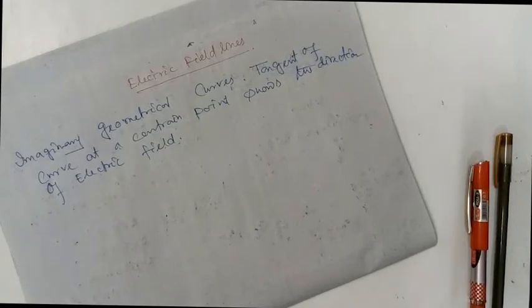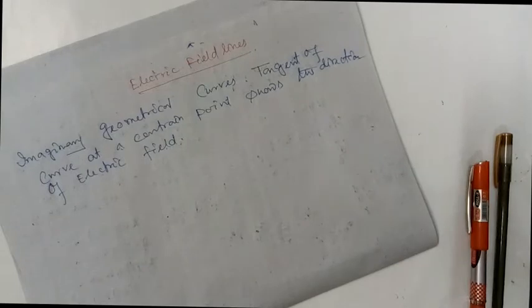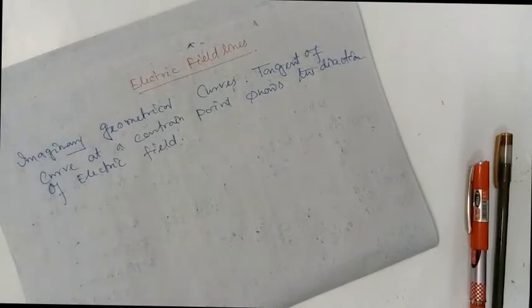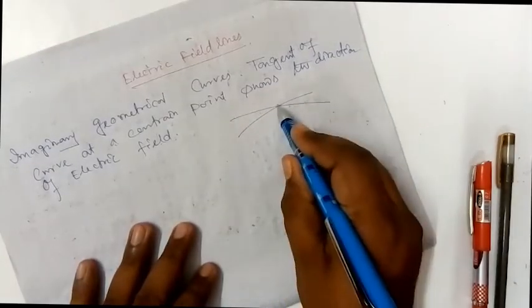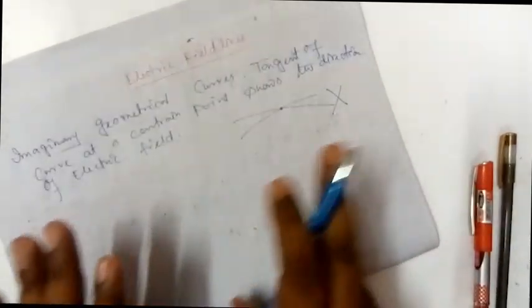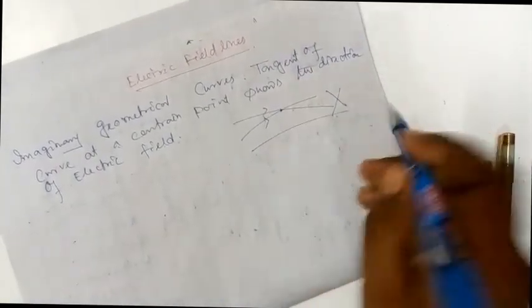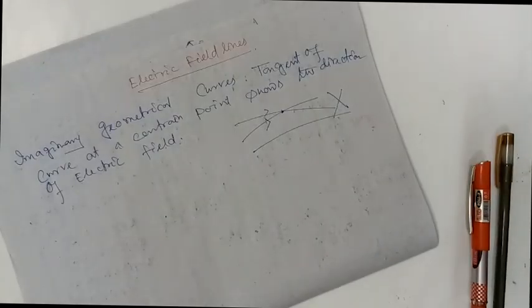Similarly, as with magnetic fields, here also there are some properties of electric field lines. Number one, as with magnetic field lines, these are continuous curves. They will never intersect each other, because if they intersect, there will be two directions of the electric field at one point, which is impossible.